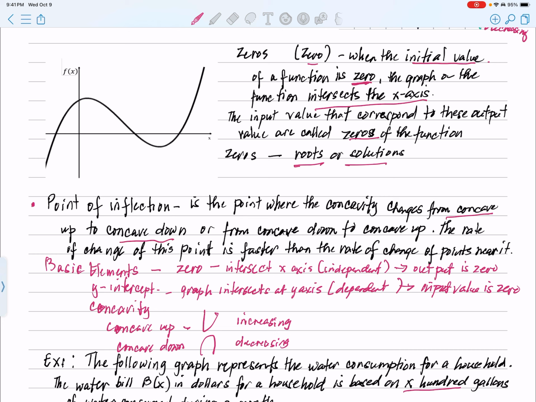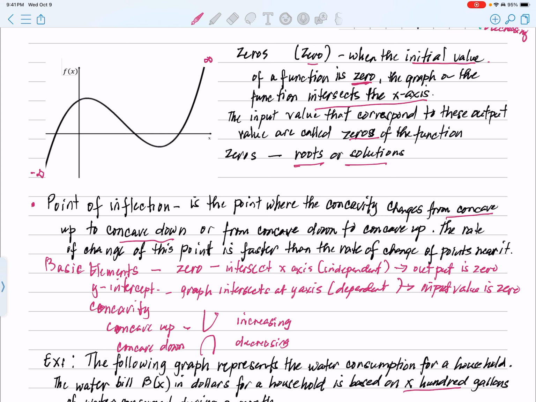So the rate of change of this point is faster than the rate of change of any points that is near to that point. Okay? So the end behavior, we can have a negative infinity. To the right, this is a positive infinity.